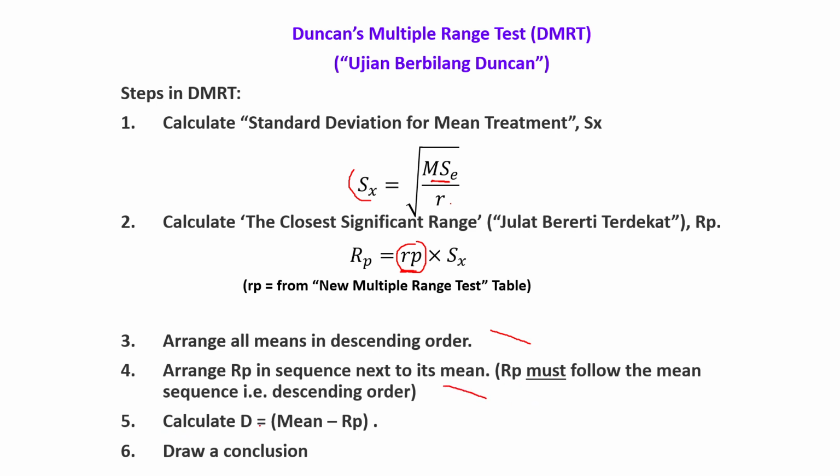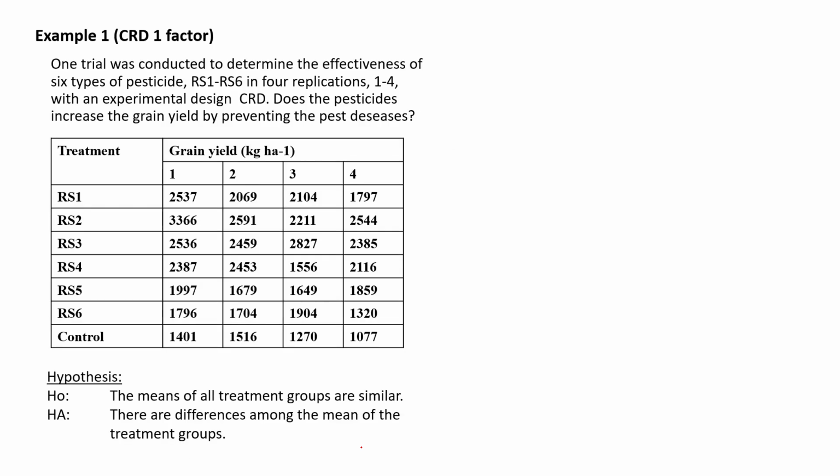Calculate the D, which is the difference, the mean minus the Rp that we have calculated. And after that, draw conclusion. It might be a little bit confusing when you do DMRT, but if you do it step by step, it will actually be quite easy to conduct.